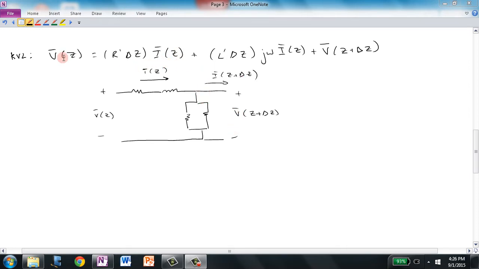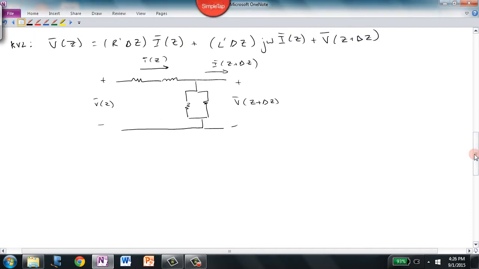So what I want to do next is do a little bit of rearranging of this equation here. I'm going to collect these voltage terms and the current terms together.